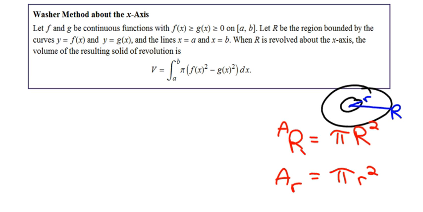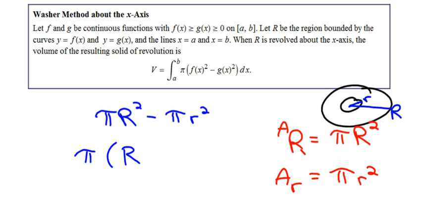So if we were to take pi capital R squared minus pi little r squared for our area of the washer, I can factor out the pi. And then this is our equation we're going to use in here for this one.